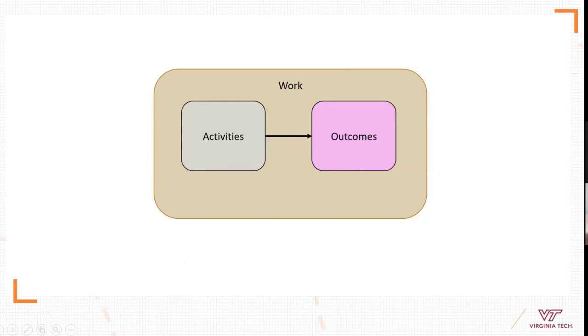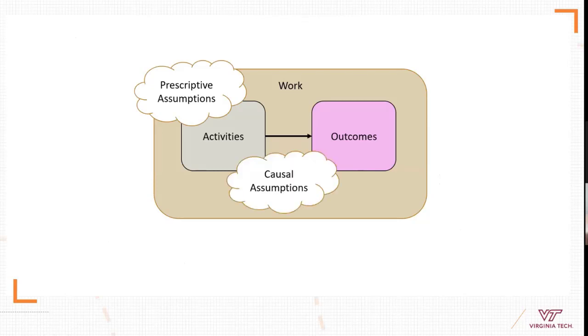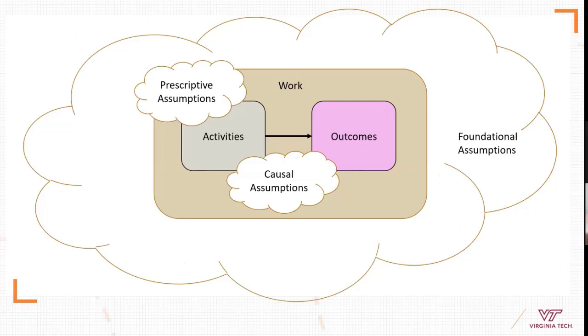So where do these all show up? I've already sort of hinted at this. The prescriptive assumptions have to do with why the program is being offered. The causal assumptions are those links, those arrows between the activities and the outcomes. And the paradigmatic assumptions are the cloud floating around the entire program, but which have a strong influence on what's going on.